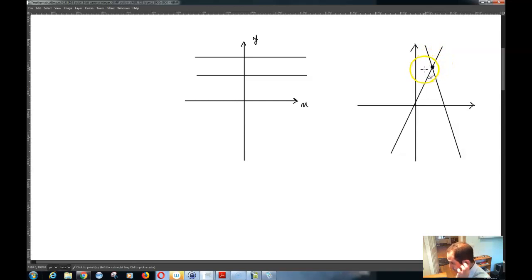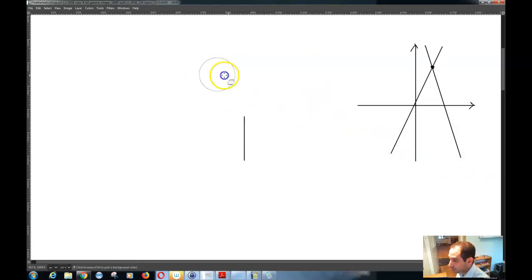Now the case that the lines are parallel, of course, is not the case that we want to talk about here. We want to talk about the case where the lines are intersecting, and of course we want to discuss the angle between the two lines.